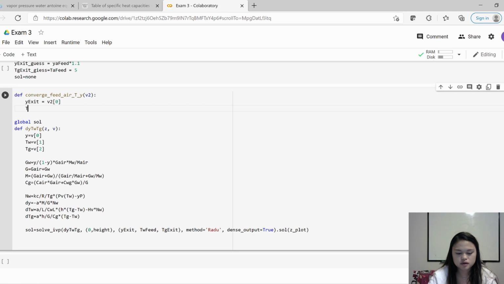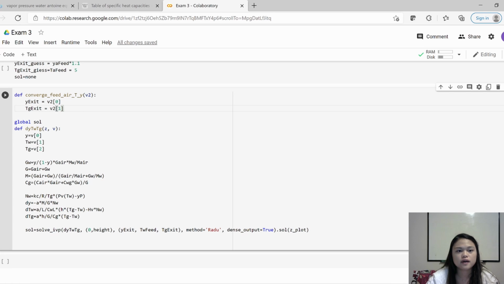And then we have our temperature of the gas exiting. Okay. And so if our initial guesses for this y exit and the temperature of the gas exiting are incorrect, the root finding is going to help us adjust our initial guesses until we get our desired value.